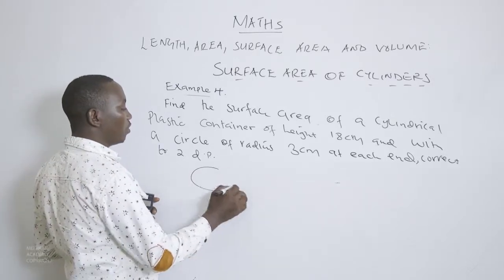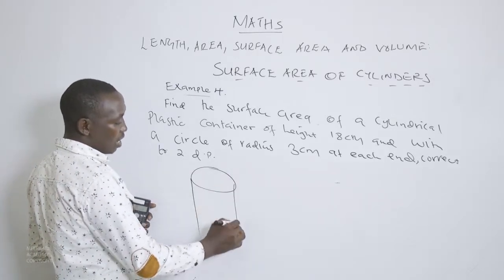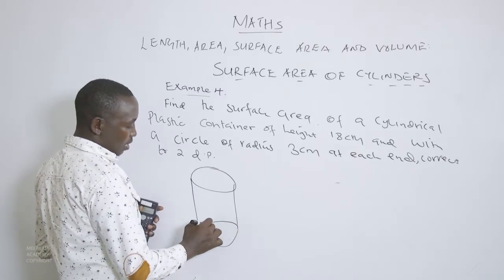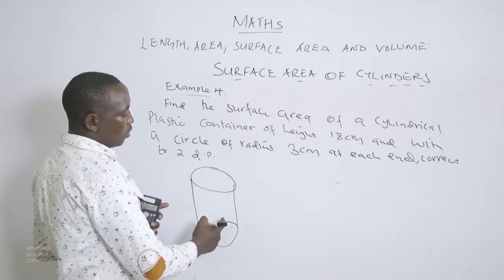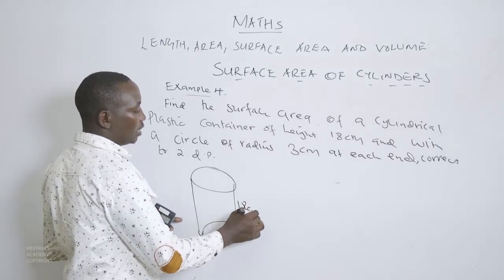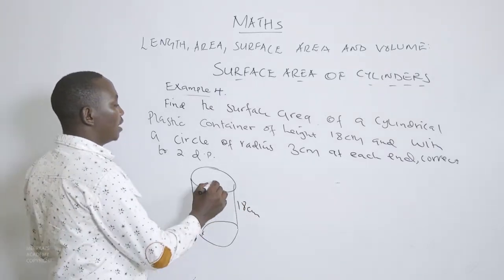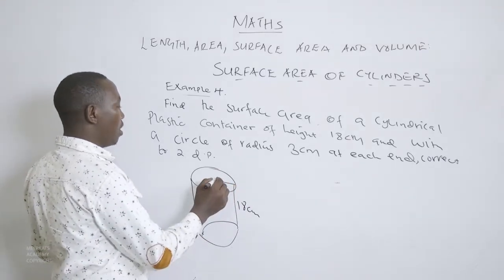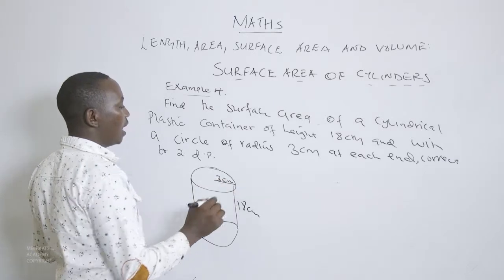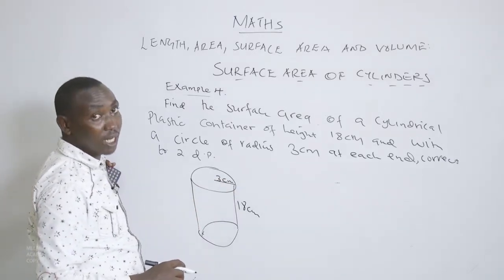So we are going to first draw the figure. We have been told that the height is 18 centimeters and it has a circle at the top and bottom, which has a radius of 3 centimeters.